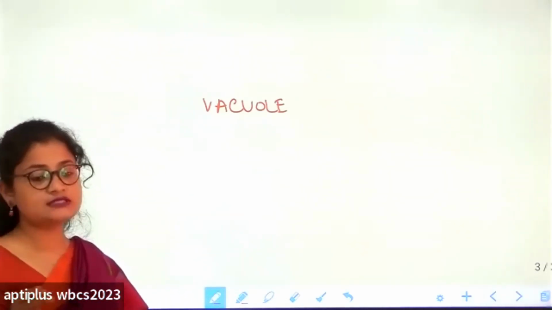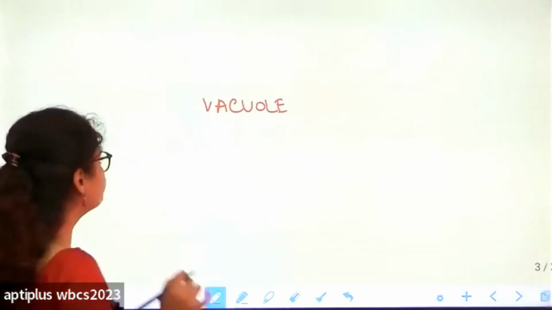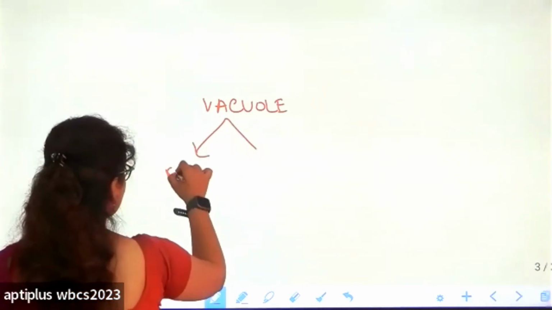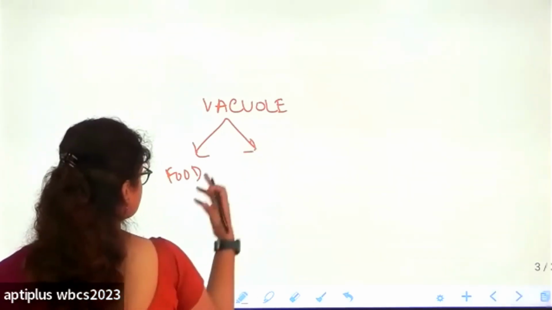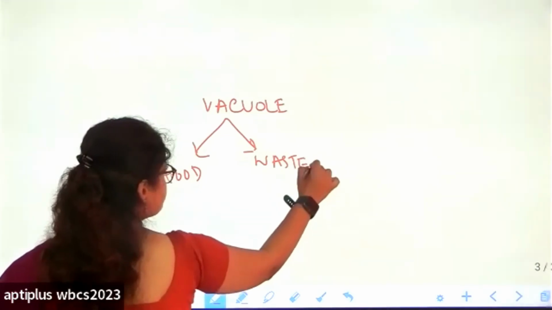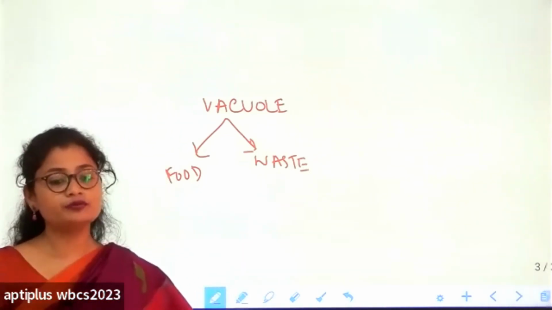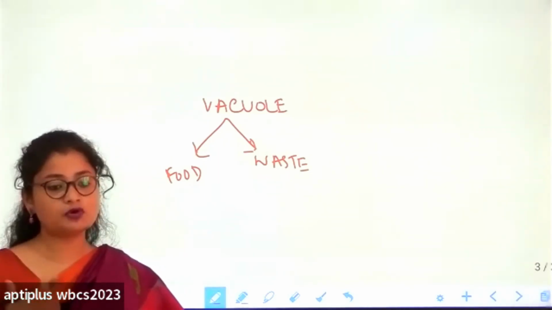Okay, so it is basically a storage compartment for both food as well as waste. So it will store the reserve food that our body needs to store, which is extra, and also waste. Waste means obviously those products or food materials which our body will not require. Okay, so that will also be stored inside our body temporarily.